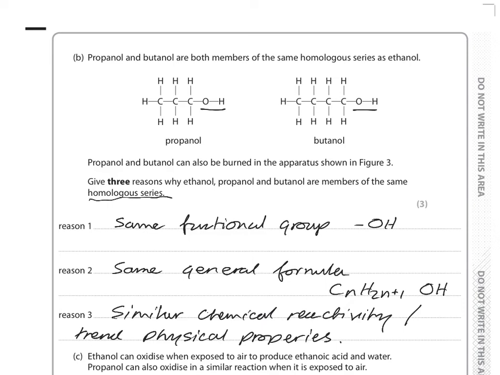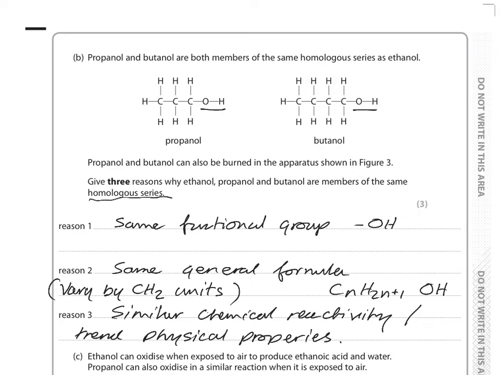And the final thing that I didn't say, another way that you could get it, was you could say that they have the same general formula and they vary by CH2 units. So each alcohol is CH2 different from the other ones.